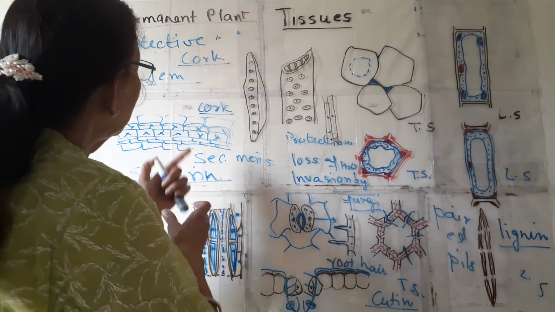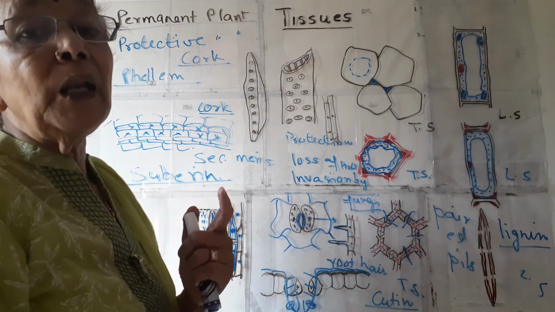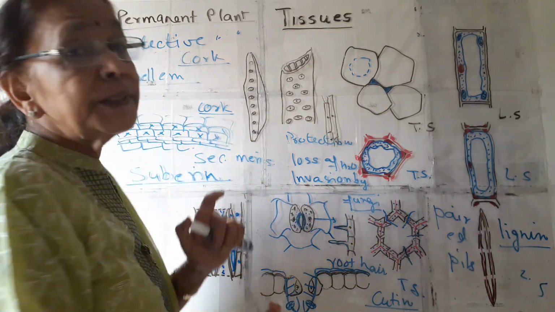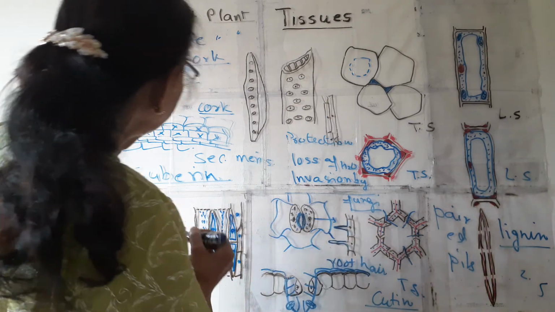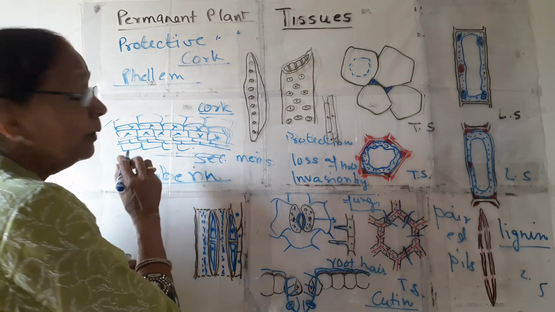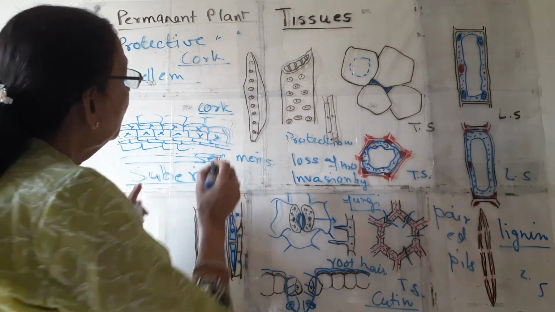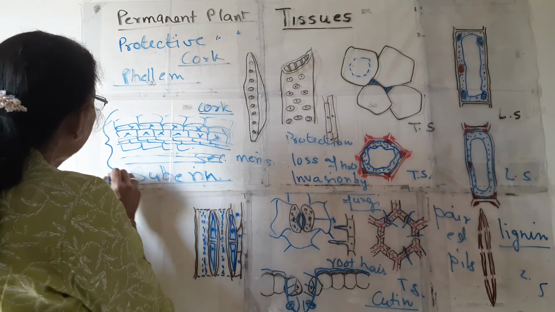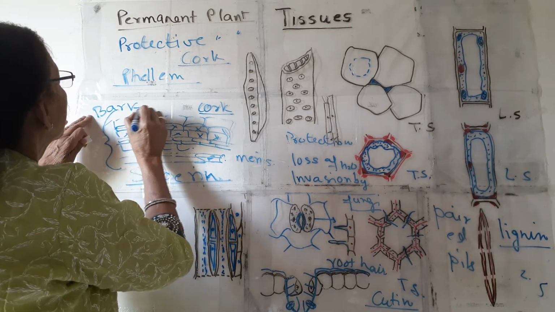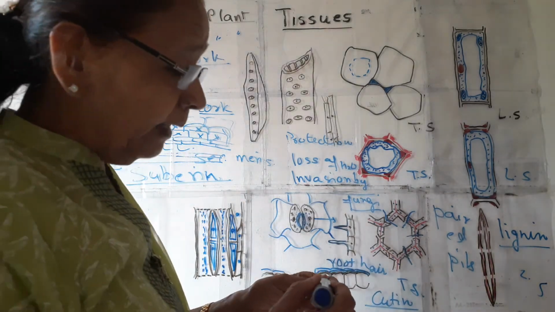And sometimes this secondary meristem is also known as phellogen. Why? Because it forms phellem. Later on, cells from here, the hypodermal cortical cells and also the secondary phloem, all of them unite to form bark. So in old trees, we can see bark.